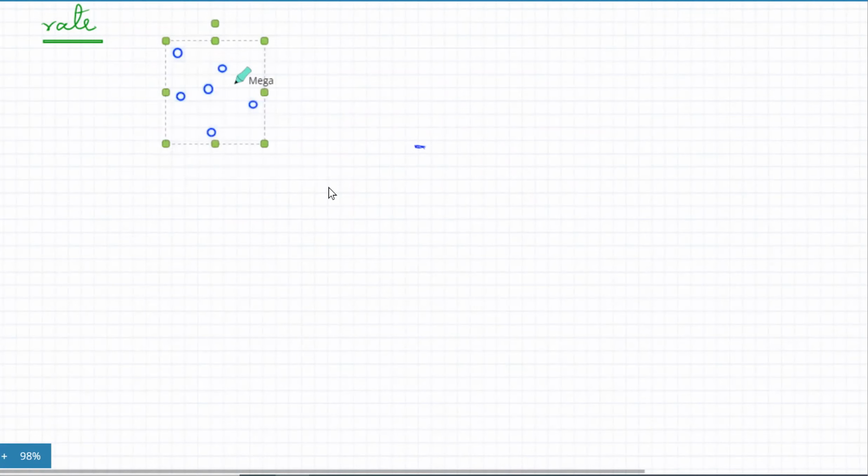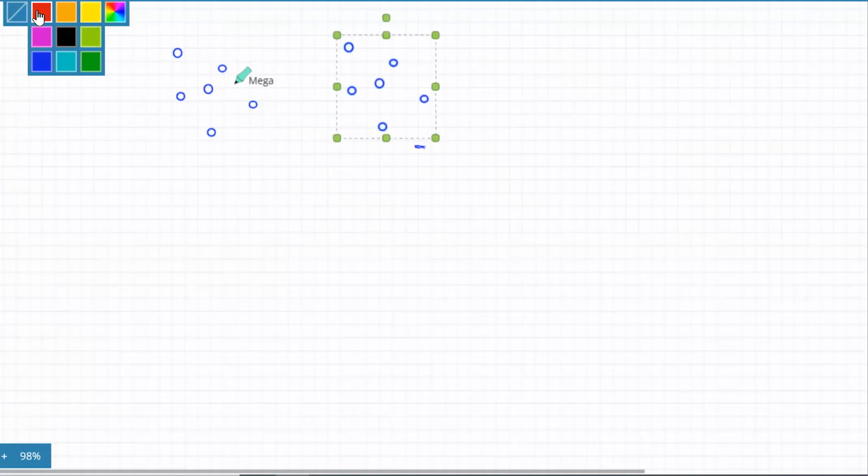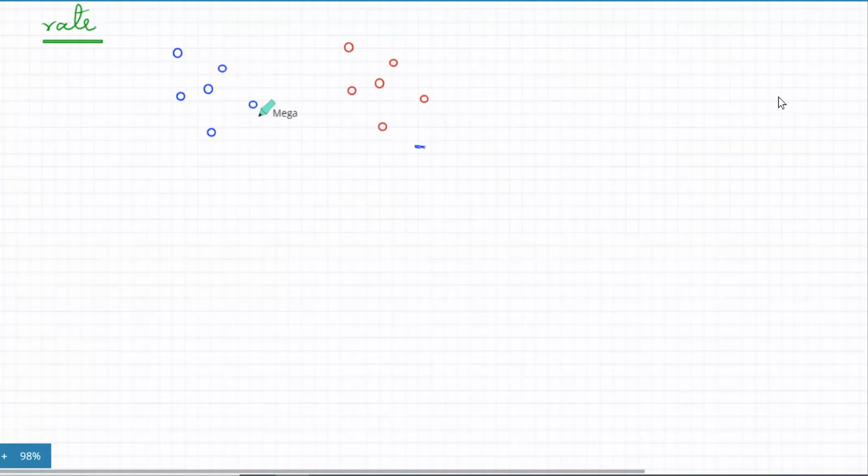And I've got another bunch of particles, and they are red in color. So anyways, it's basically particles bumping into each other.